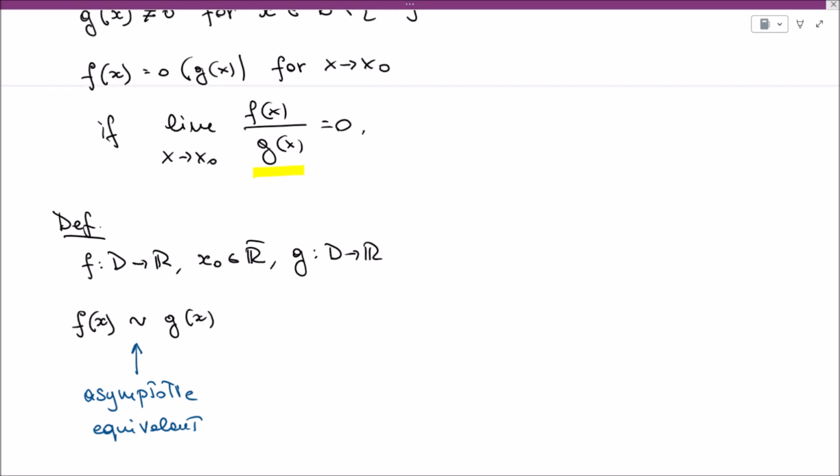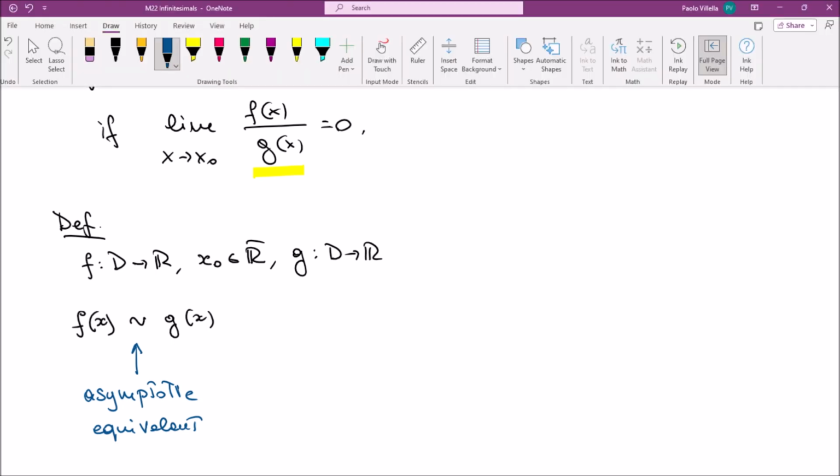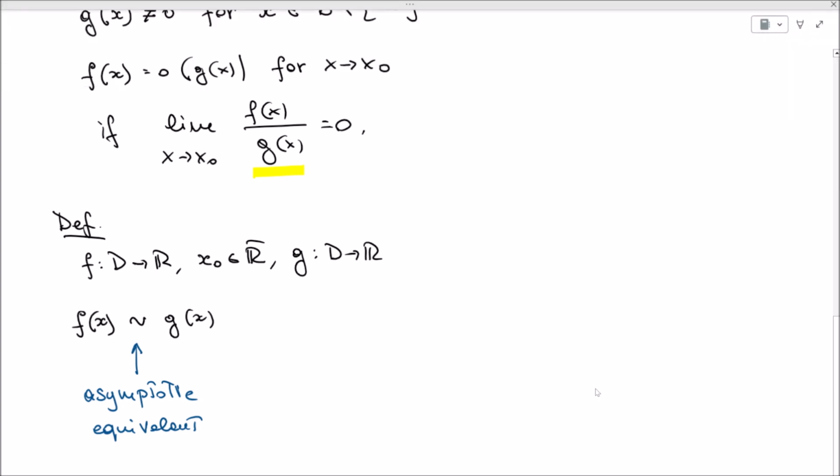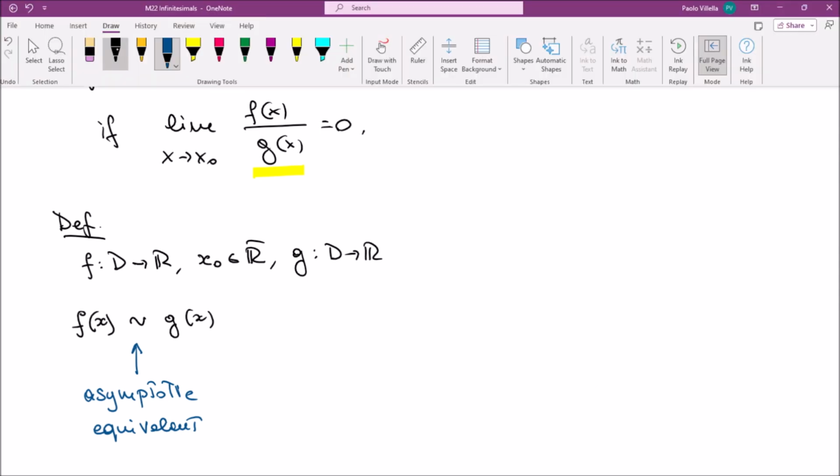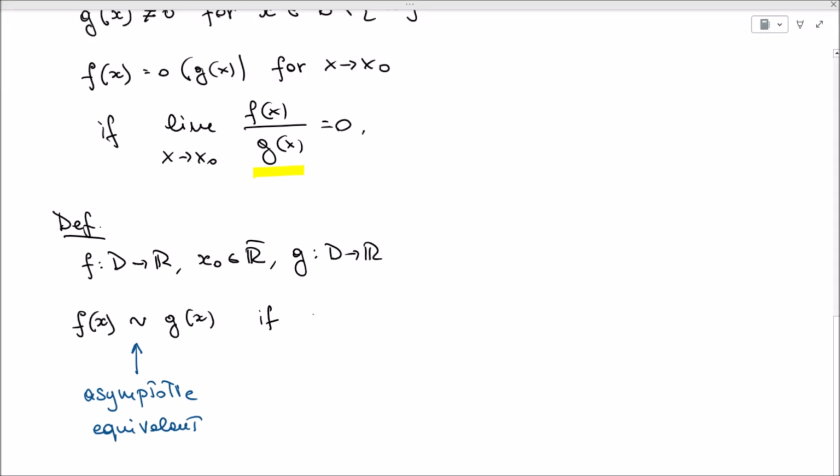If there exists a third function omega from D to R such that, again, we have two conditions, 1 and 2.